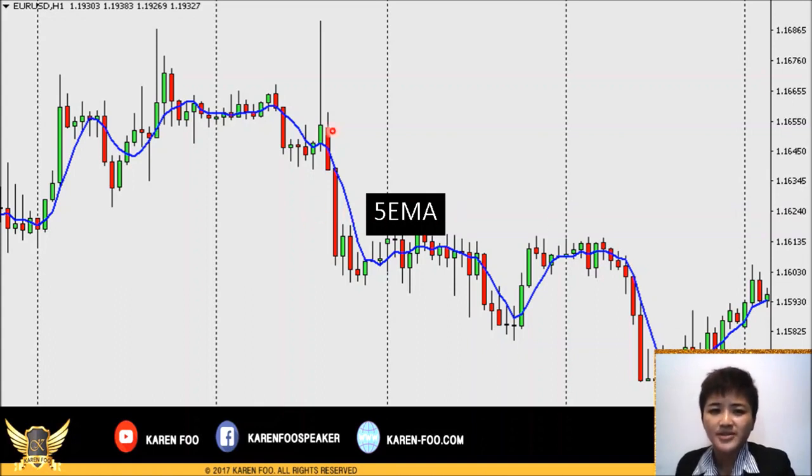So what's the function of this main theory right here? Basically, if you make a buy over here, you shouldn't put your stop loss right here, or you shouldn't have entered here to begin with. You might want to wait for it to retrace back to the 5 EMA before you make a buy.